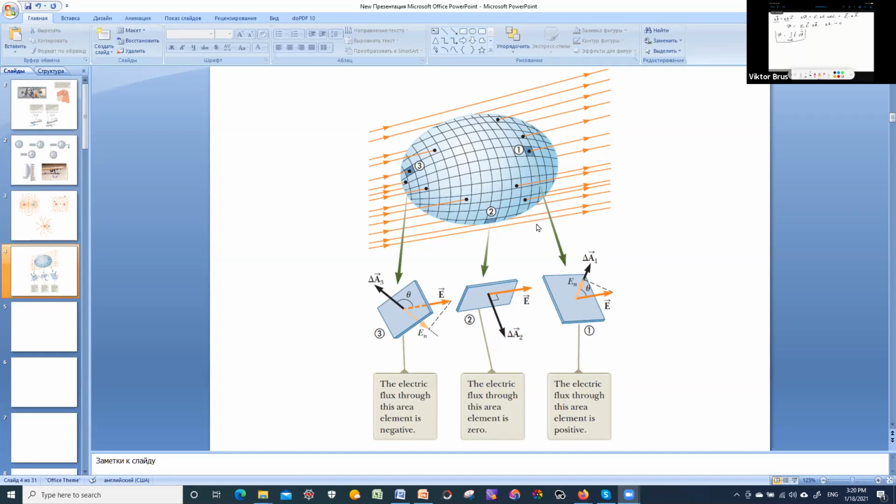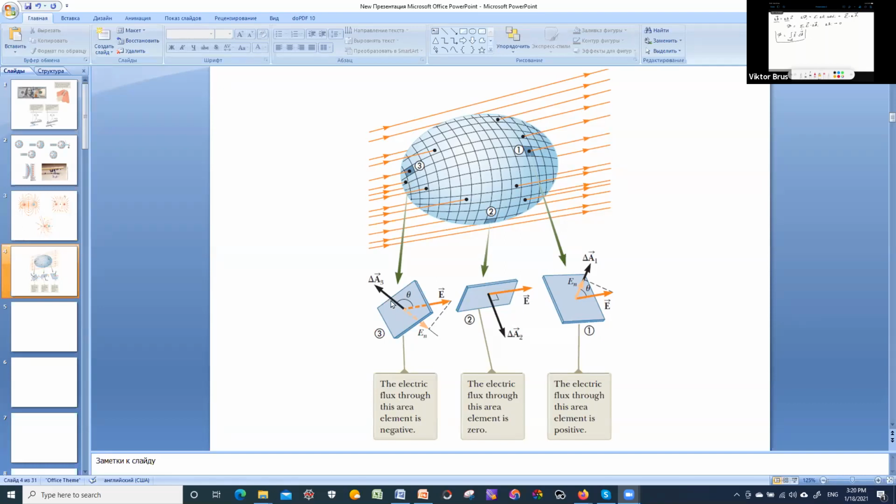So it depends on the side of the closed surface. If we divide this closed surface into many small elements, depending on which side these elements are located, we can experience different cases. So for instance, let's go from the left one.